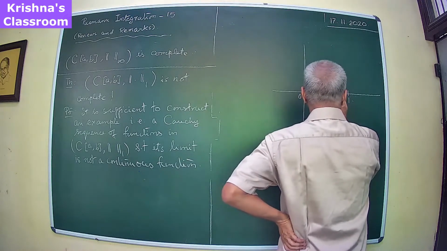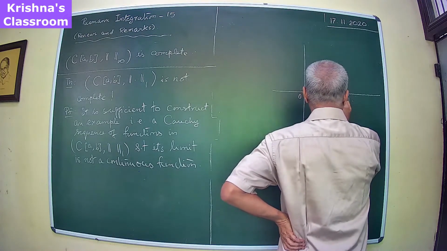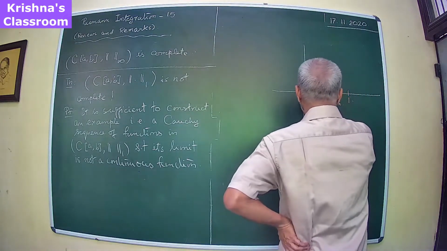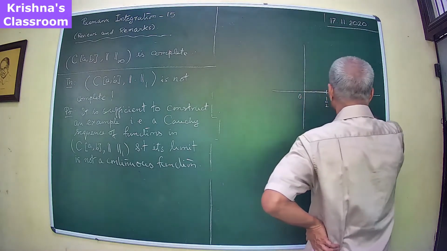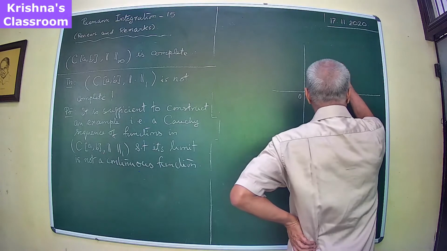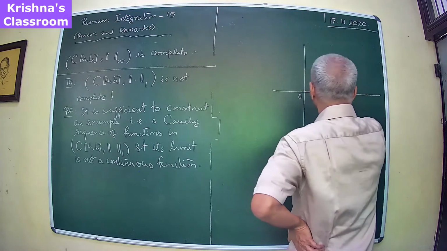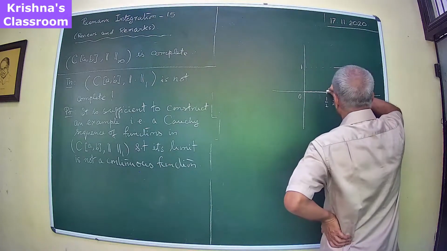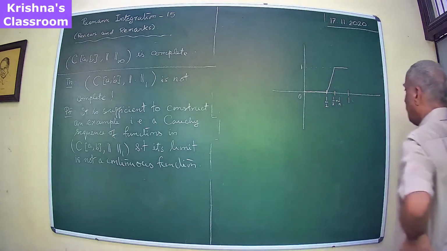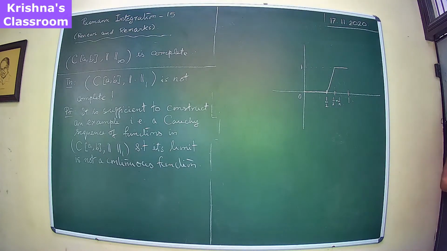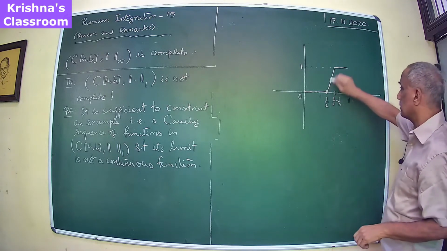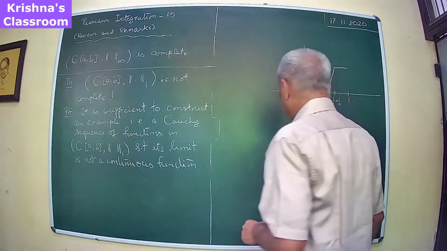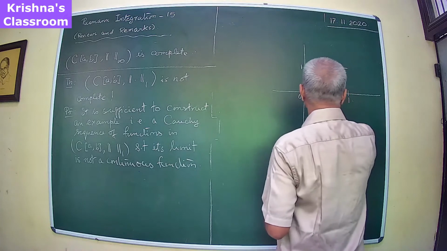Then we construct a function which is identically 0 from 0 to half, and it is equal to 1 from half plus 1 by n to 1. In between it is linearly connected. That means you get a continuous function. So you call this a function.